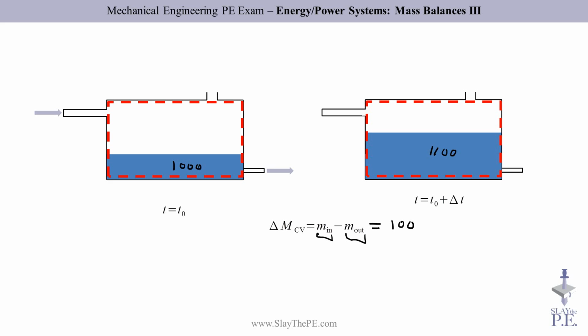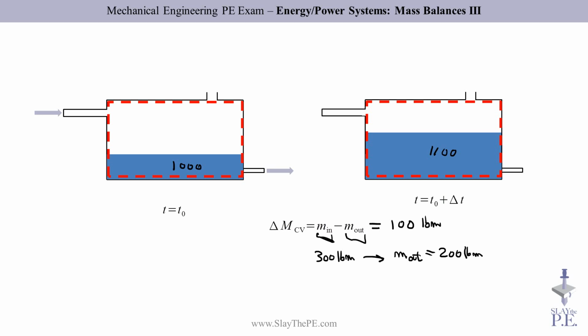That means the difference in the mass across delta t is 100 pounds. If we have information that the mass put in during delta t happens to be 300 pounds, then we know that m out, the amount of mass that left the control volume during delta t, has to be 200 pounds.